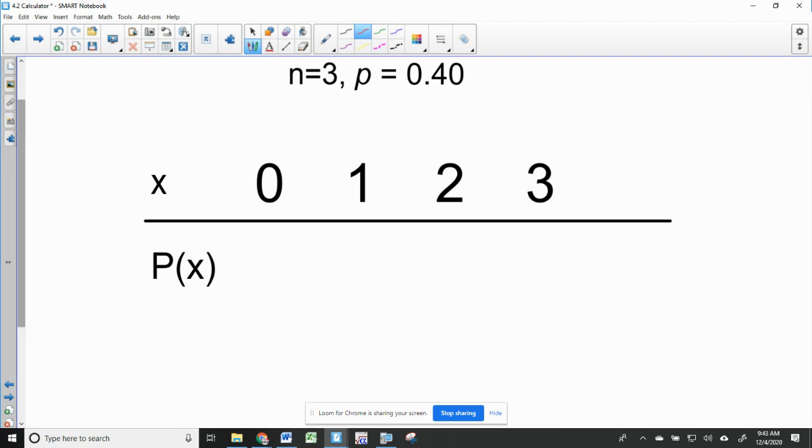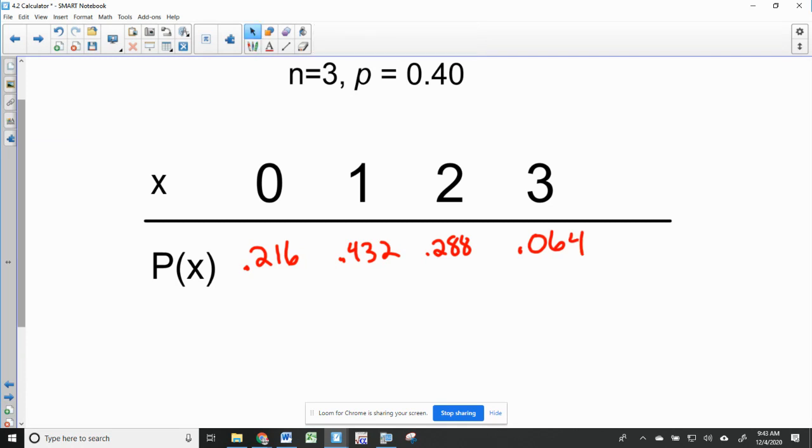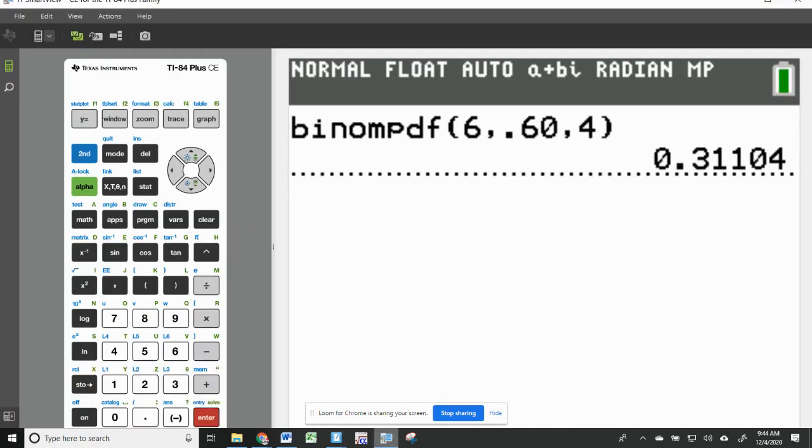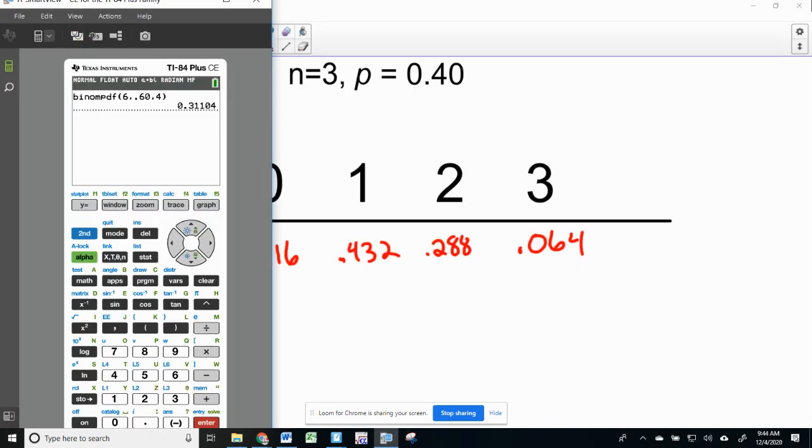So, I'm on 0.4, 3, and I get 0.216, 0.432, 0.288, 0.06. Okay. Make sense? Everybody, if you follow on your chart, or do it on the calculator, you can get that, right?